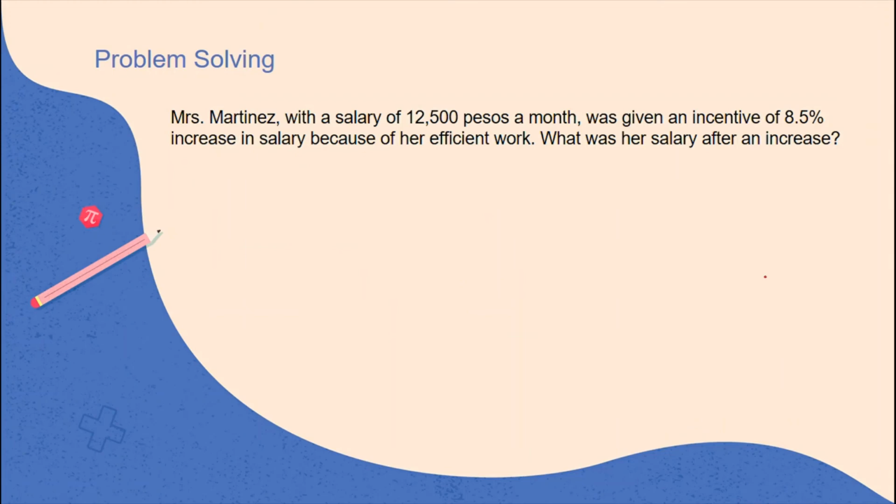We have Mrs. Martinez with a salary of 12,500 pesos a month who was given an incentive of 8.5% increase in salary because of her efficient work. Now, what was her salary after the increase?